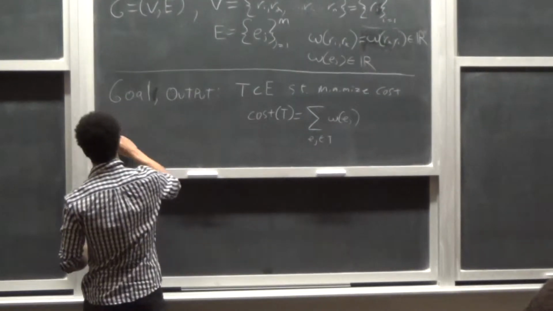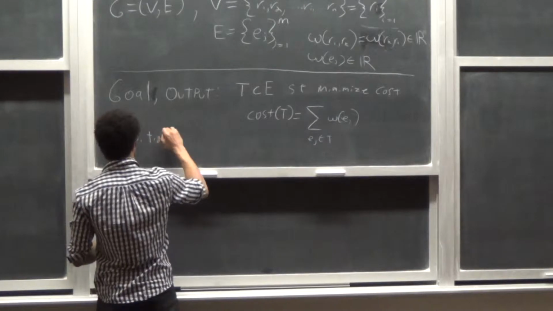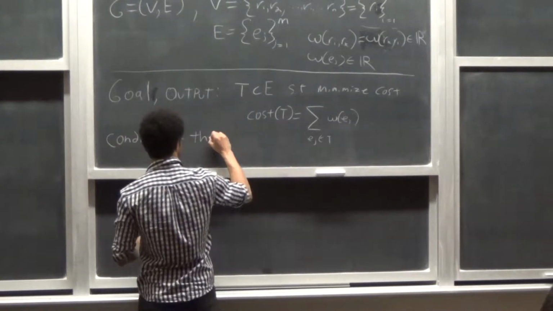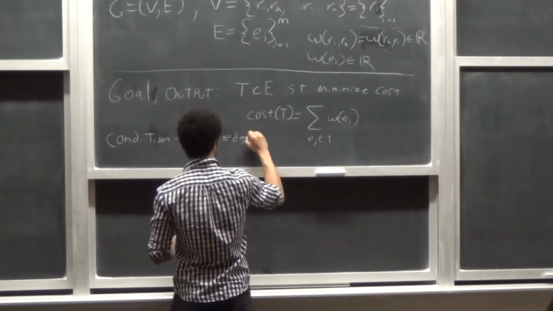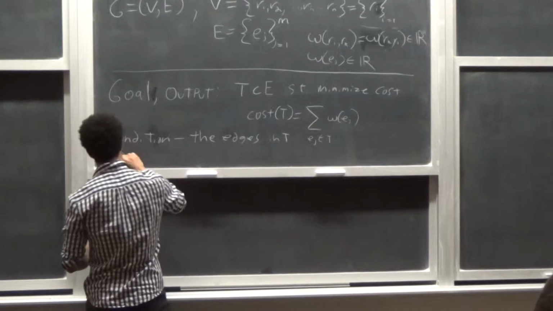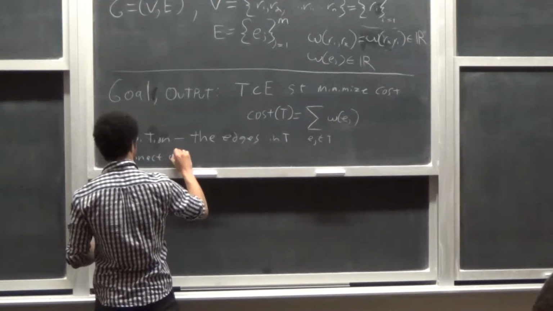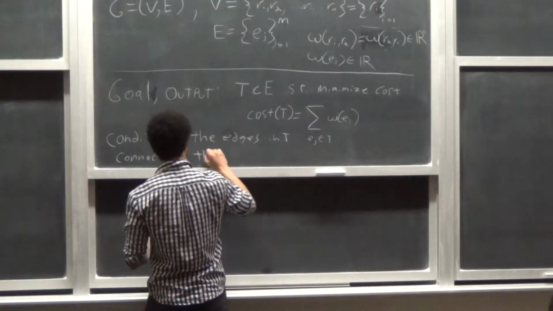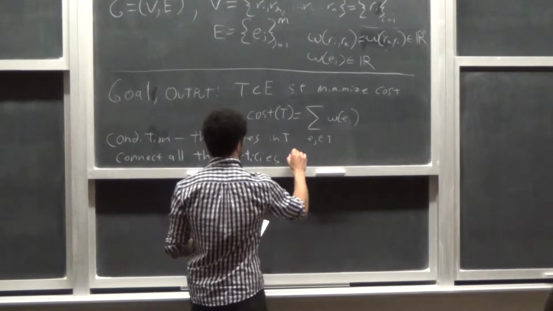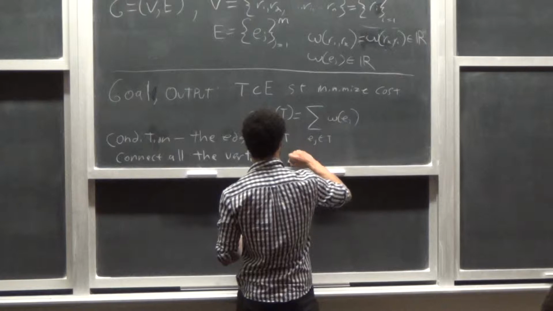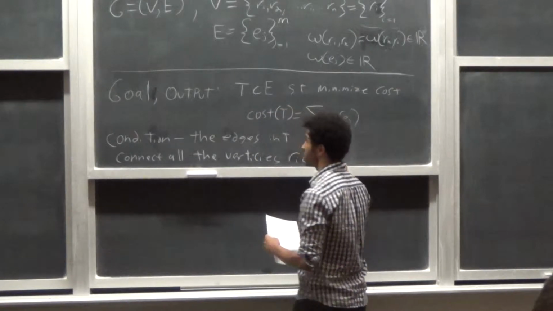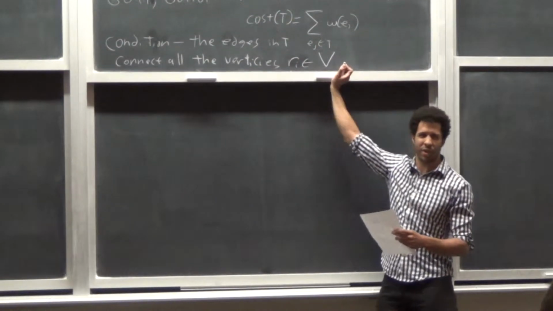So the condition is that T connects all the vertices in V. Am I missing anything else?